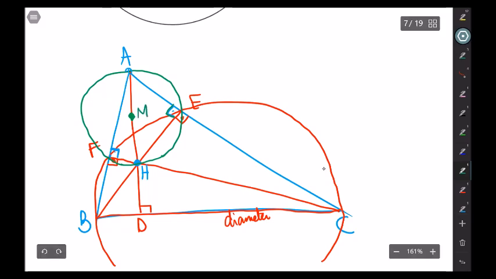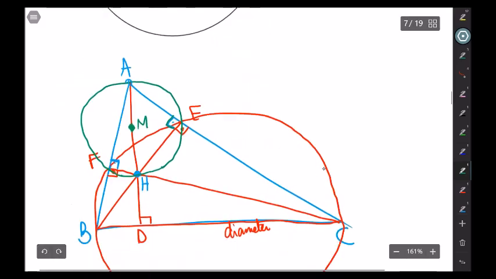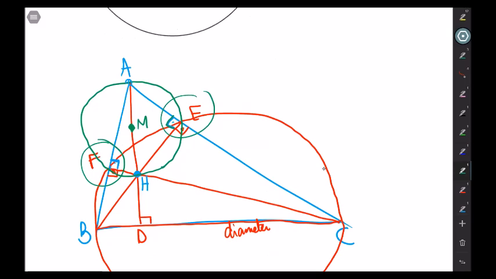Do you guys agree? So this is a special case of this one now. Even though D and E are not the feet of the altitudes here, we put this additional restriction that E and F are the feet of the altitudes.